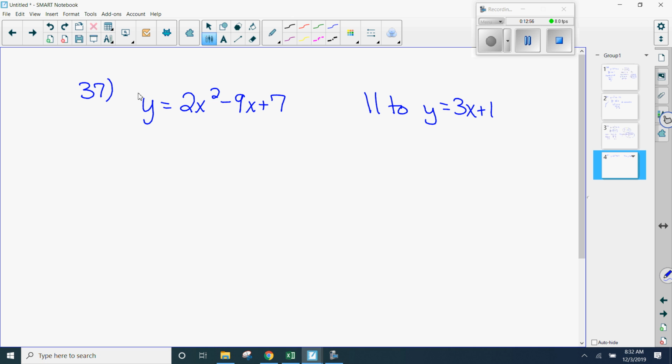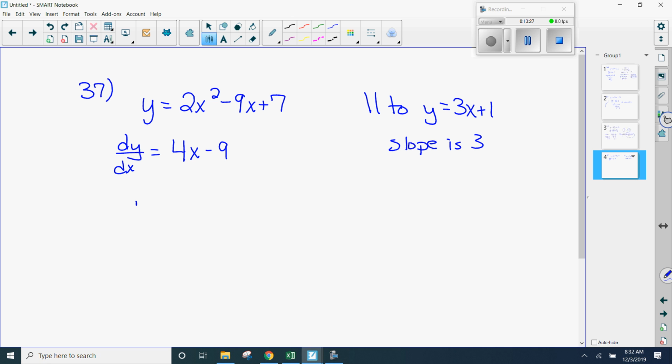Okay, what do we need to do? If it's parallel to y equals 3x plus 1, what's that telling me? Slope is 3. So I need to figure out when is the slope to this parabola equal to 3? dy/dx is equal to 4x minus 9.